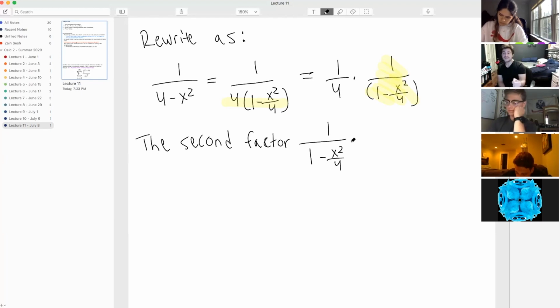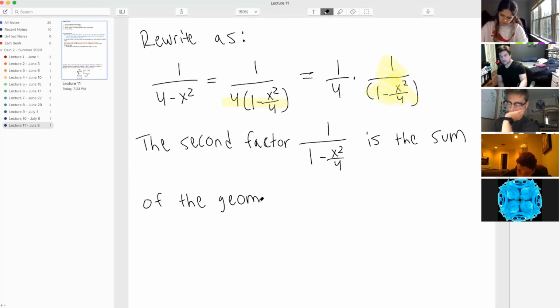Okay, this is now in a nice form for us. It's 1 over 1 minus something. The second factor is the sum of the geometric series with initial term a being 1 and ratio r being x squared over 4.